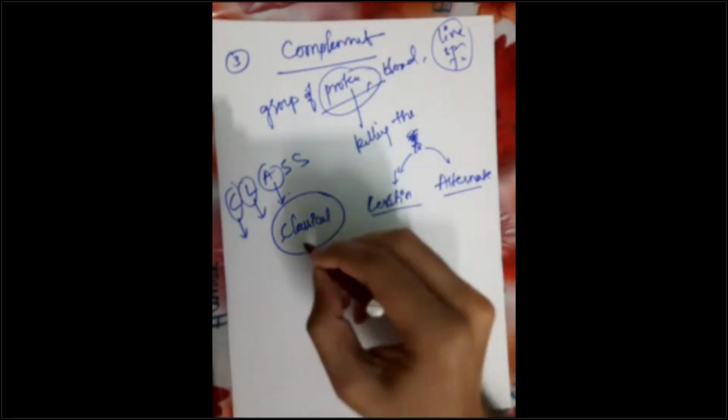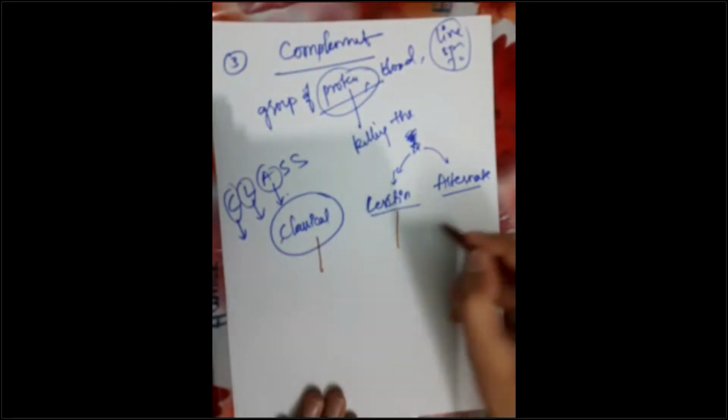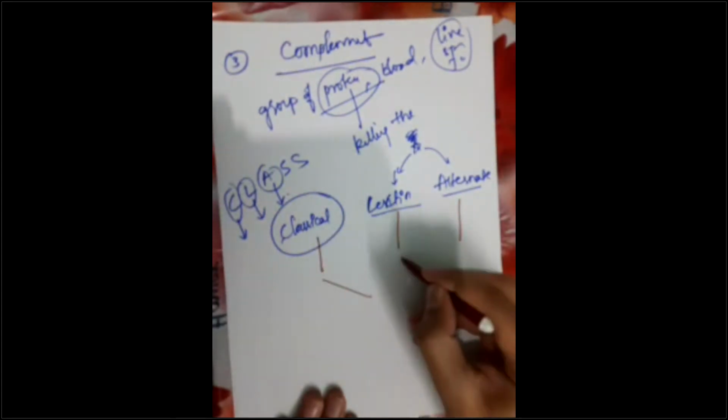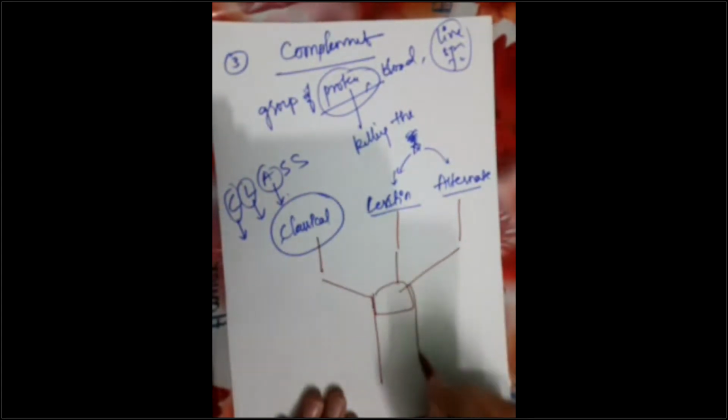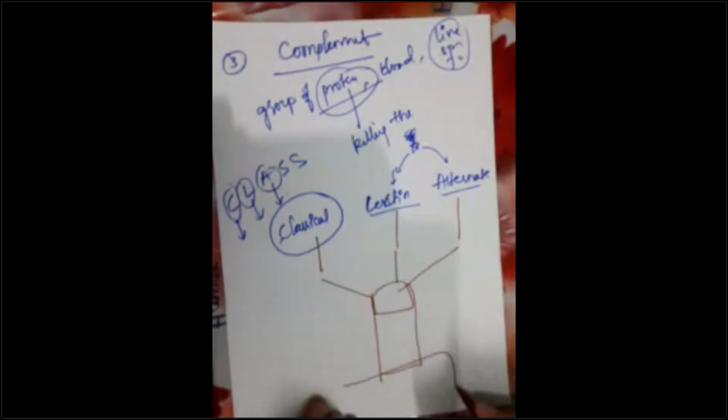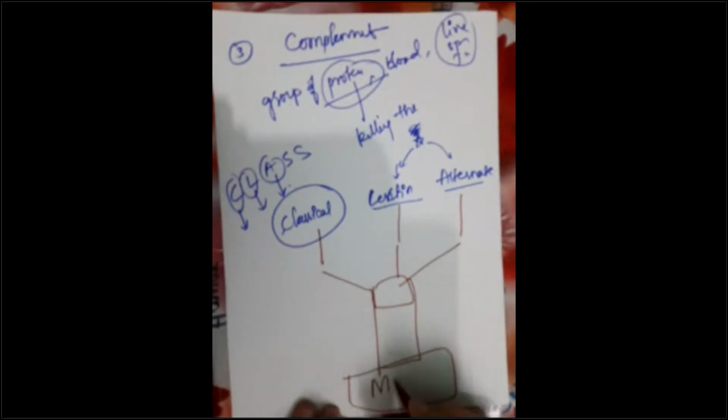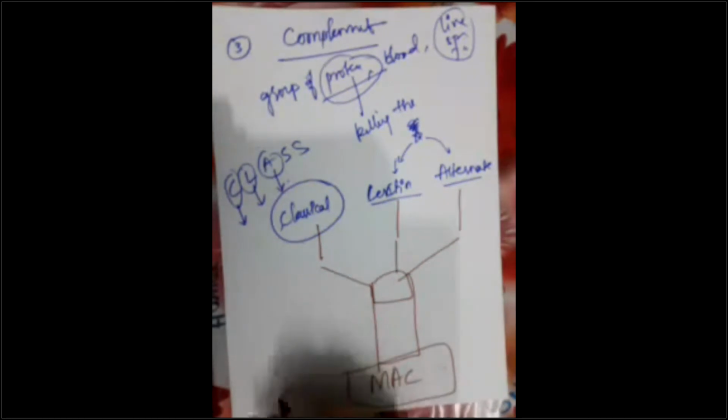Now, all these different pathways will converge to one common pathway, which will eventually lead to the formation of something known as MAC. What is MAC? Membrane attack complex.